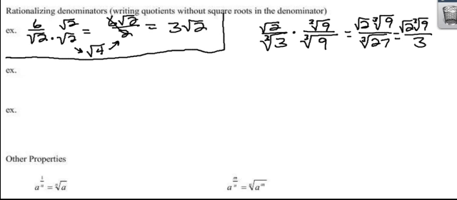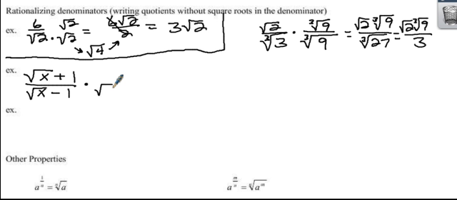Next problem I want to do for you is square root of x plus 1 over square root of x minus 1. Now, for this problem, I have to multiply by the conjugate. Just like imaginary numbers have conjugates, these radical expressions also have conjugates.